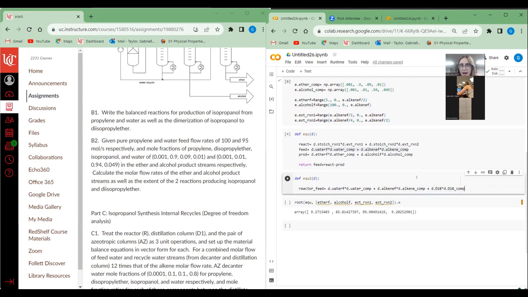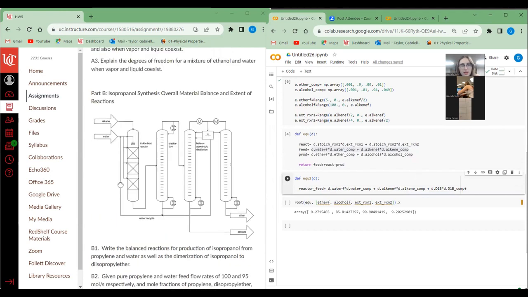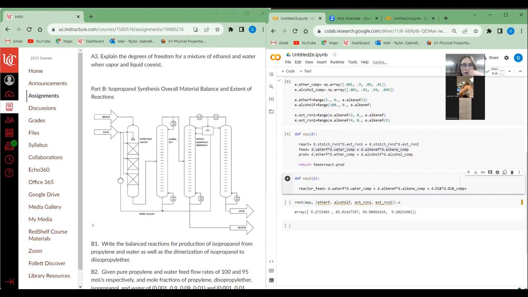So D dot decanter. Right here you can see that this is the decanter and the flow goes back to this recycle here, which goes back to our reactor. So this is feeding our reactor. So decanter times our decanter composition.